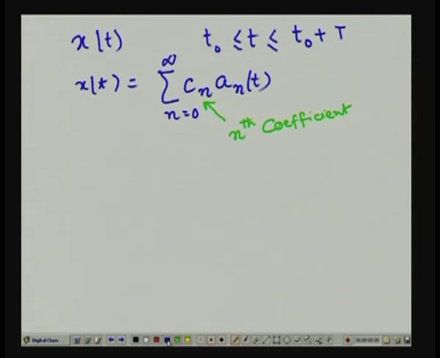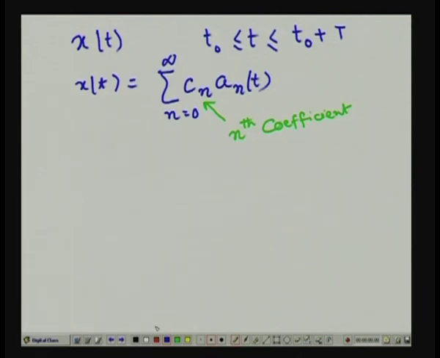Now, the problem is how do we calculate the value of C_n. To calculate the value of C_n, we can multiply both the left hand side and the right hand side by another function from the set of orthogonal basis functions.